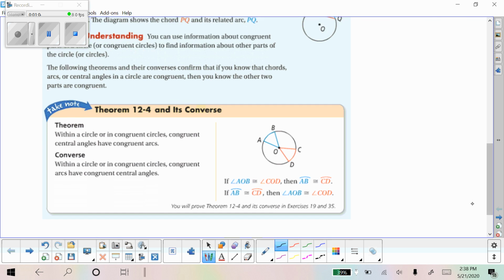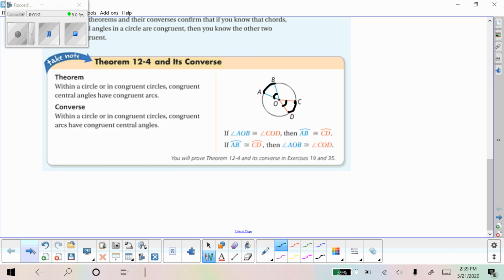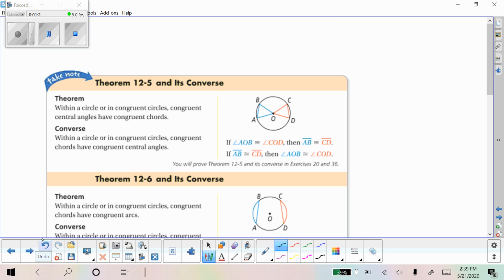And so our first theorem here is within a circle or congruent circles, congruent central angles have congruent arcs. So if these angles are the same, then these arcs must be the same. Also, congruent central angles have congruent chords.